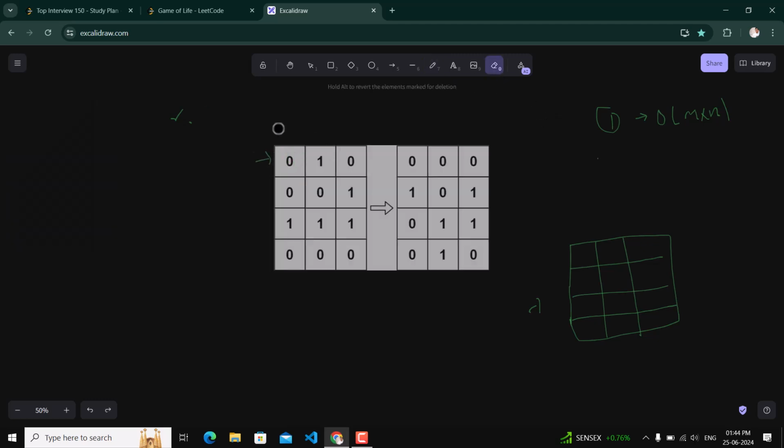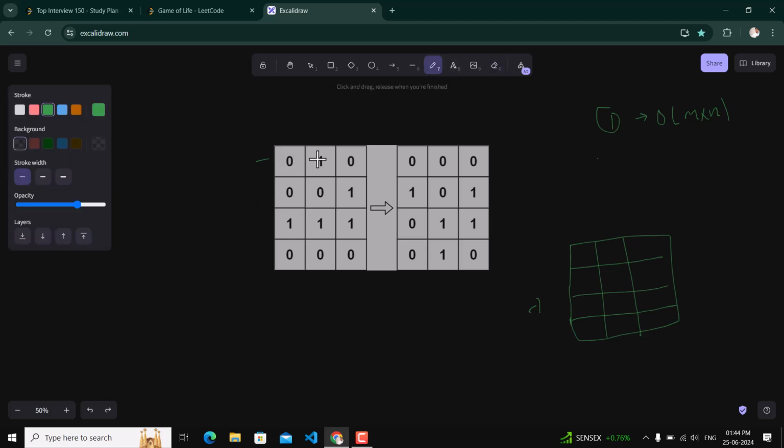Let's dry run this. For the first value, 0 1 0, its neighbors have only one live cell. We don't have 3 live cells, so it will not be alive, so it will be 0 only. Now let's go for this one. It contains only one live cell. As we have seen in the rule, for a current live cell to be live in the next stage also, it should have 2 or 3 live cells in its neighborhood, so it will be dead.